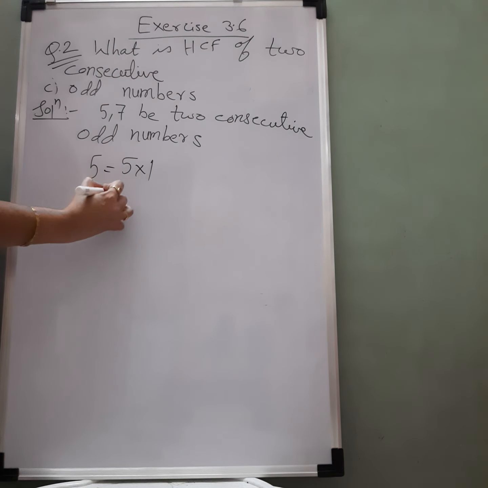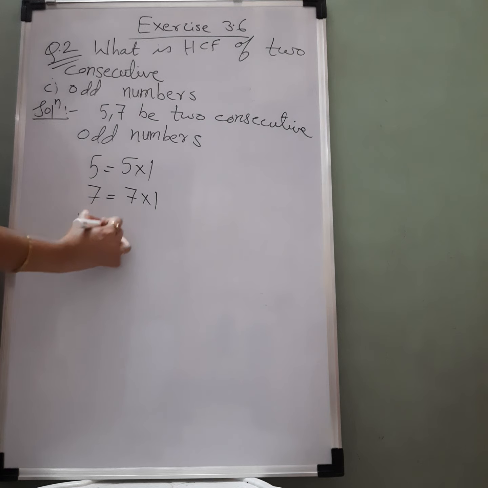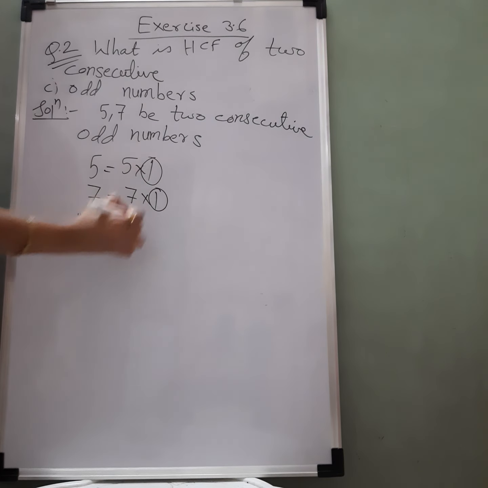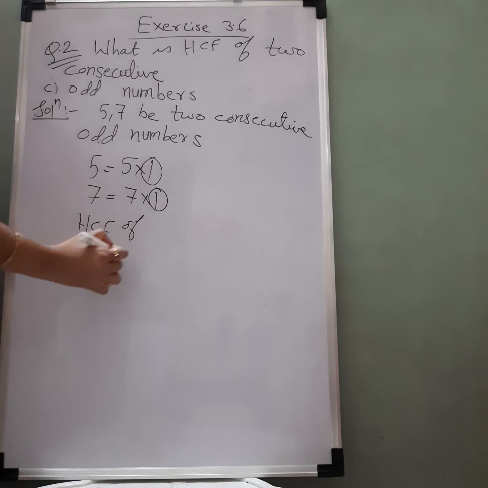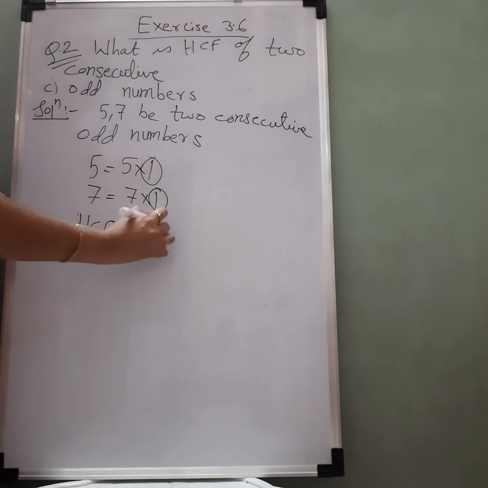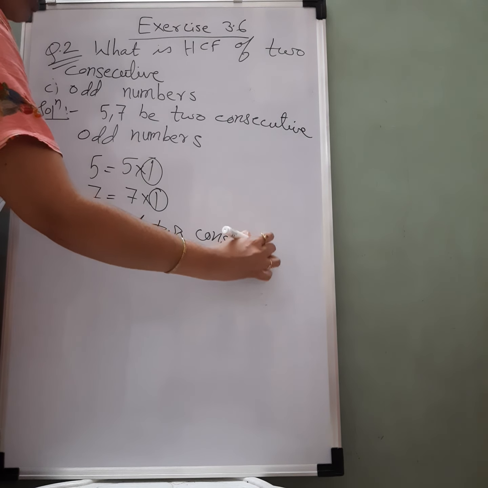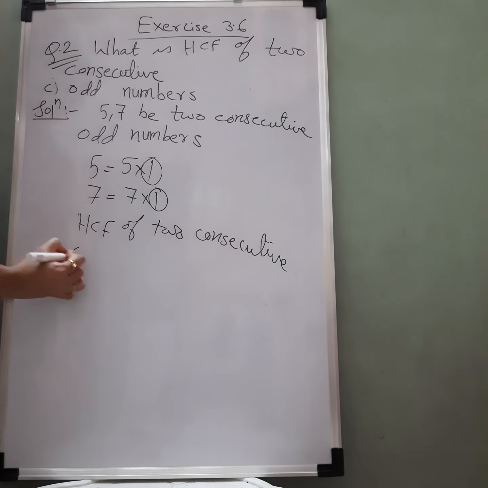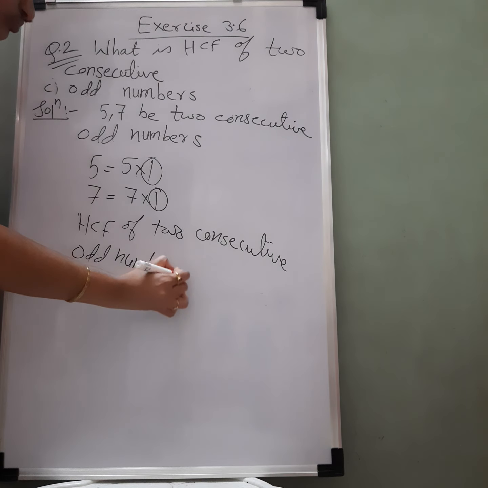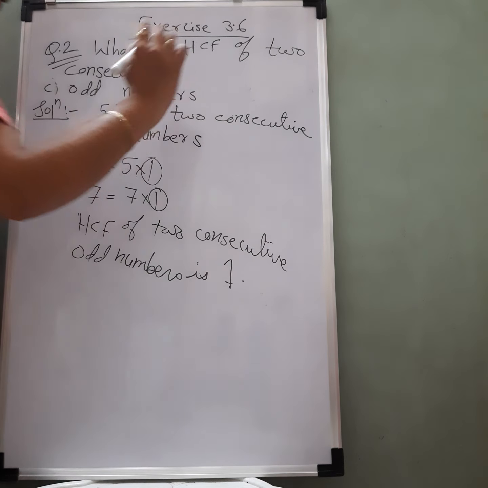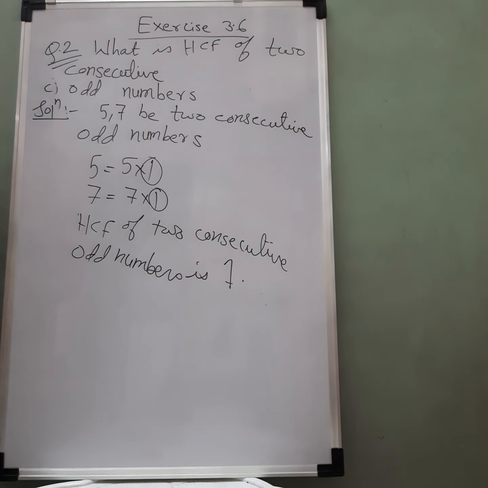Prime factorization of 7 is 7 into 1. So which is the common factor here? Only 1 is the common factor. So here the HCF of two consecutive odd numbers is always 1. So here we completed question number 2.